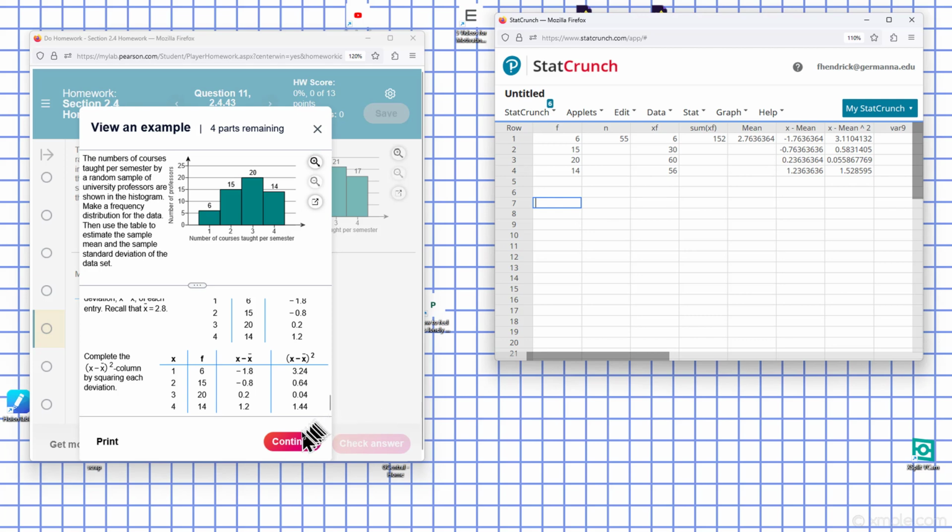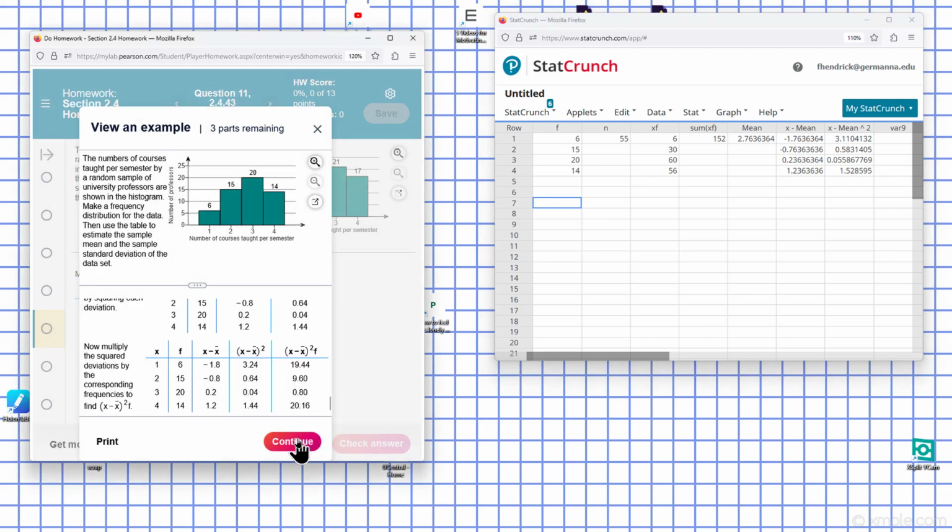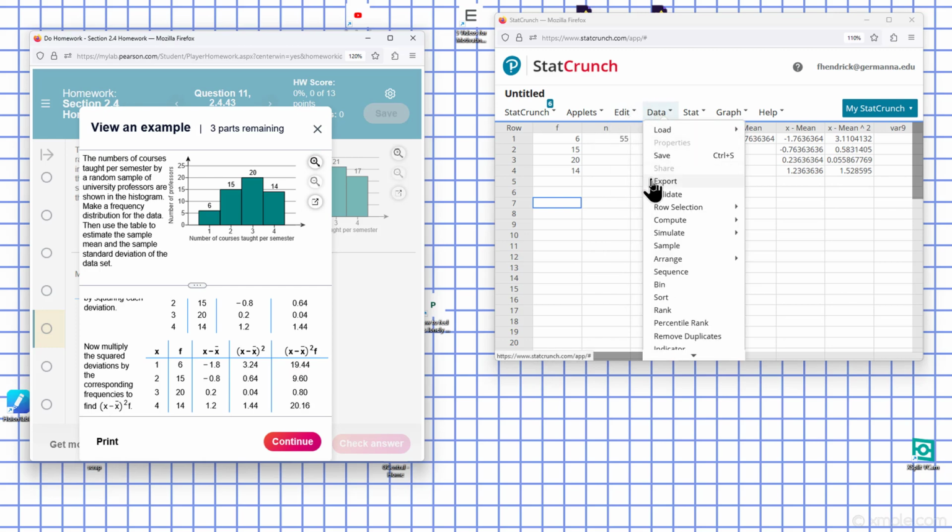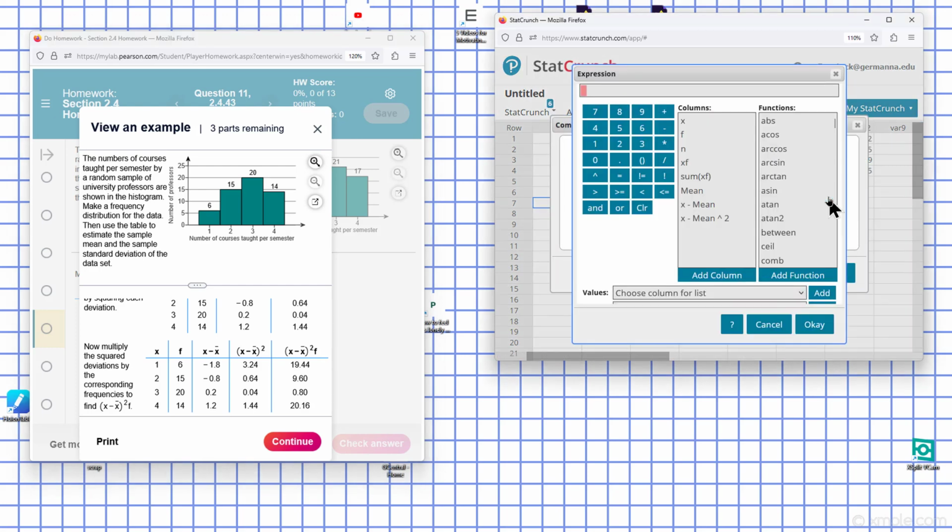After we've done that, we want to multiply it by the frequency. So I take this result, the squares, and multiply it by f. So go to data, compute expression, hit build.